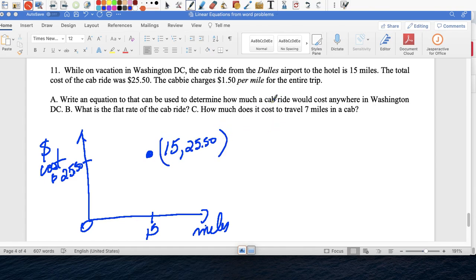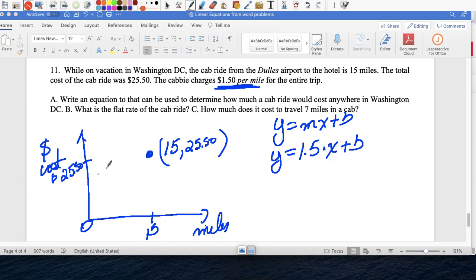Now, y equals mx plus b. Do we know what the slope, the rate of change, is? And we do, right here. It's $1.50 per mile, $1.50 times x, which represents miles. So we can fill in $1.50 times x, the number of miles, plus b. Now we can go and see what b is.